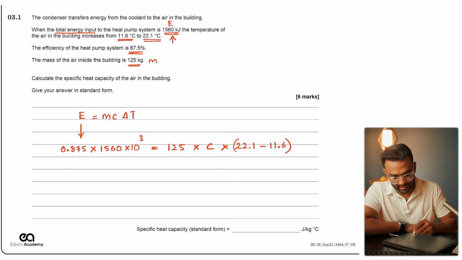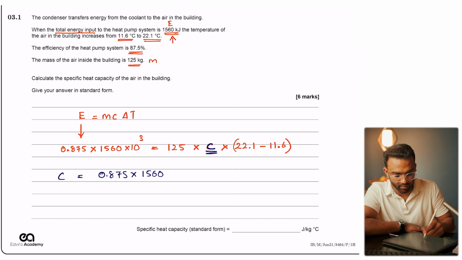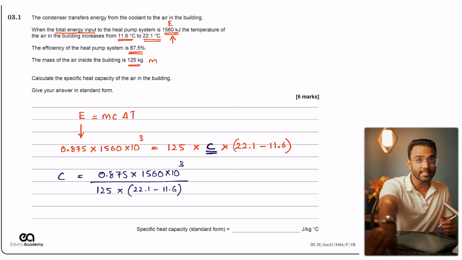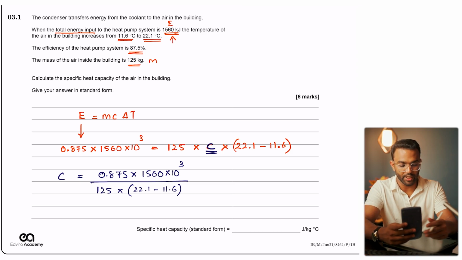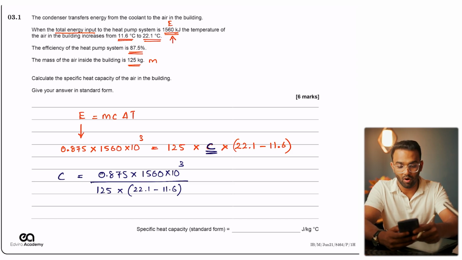There we go. This is the full expanded formula here. Now you just make C the subject. So C is equal to 0.875 times 1560 times 10 to the power of 3, all over 125 times 22.1 minus 11.6. Type that out as it is into your calculator and you work it out. You get 6 marks just for that.